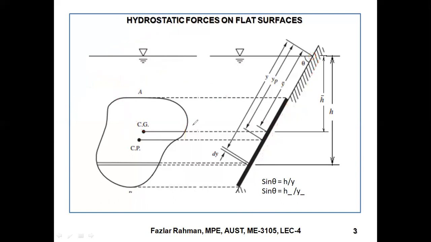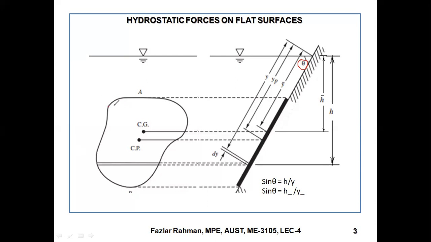Now for this surface, we need to figure out how much pressure there is. So you see, this angle is theta, the inclined surface. We don't know the area of this one, but we can figure it out. The depth right over here is not given. But I will take a small area.